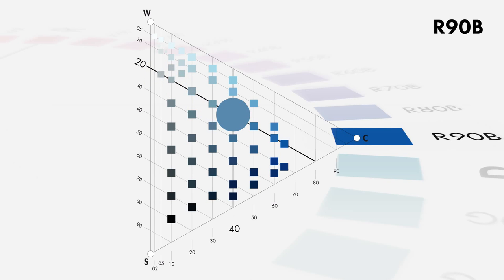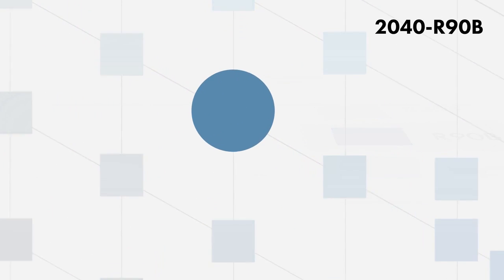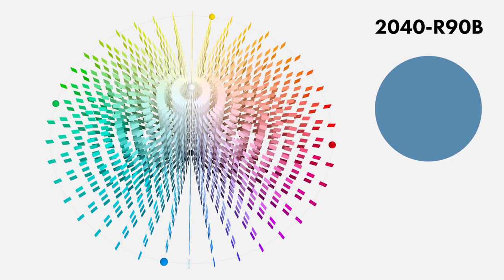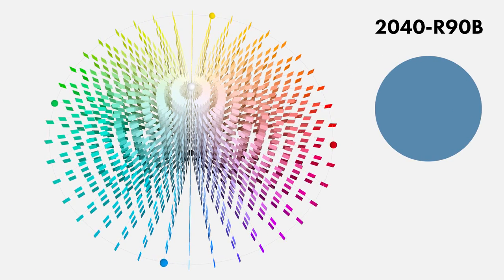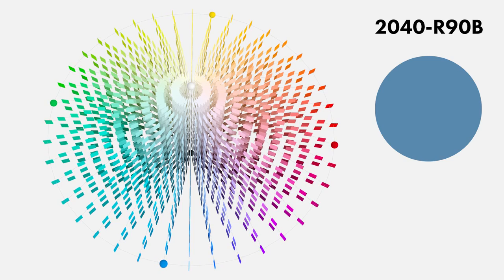This means that we have a colour that has 20% of blackness and 40% of chromaticness. It's a reddish colour with 90% blue, 20/40 R90B. Now we can discuss this colour, and we can choose any colour that exists and place it in this colour space. This is the first important step in colour design, to understand the colour you work with.